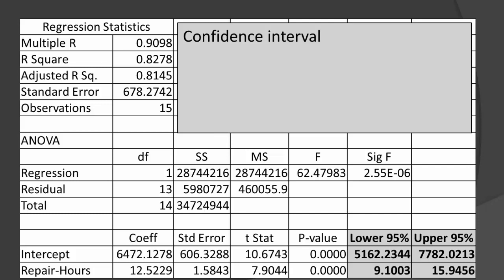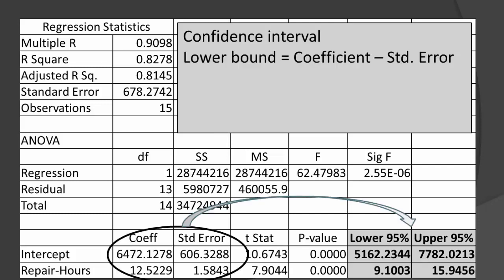The lower 95% and upper 95% are called the confidence interval. That is, how big of an interval around the predicted coefficient do we have to have in order to be 95% confident that the true value, which we can't see, is within that interval?